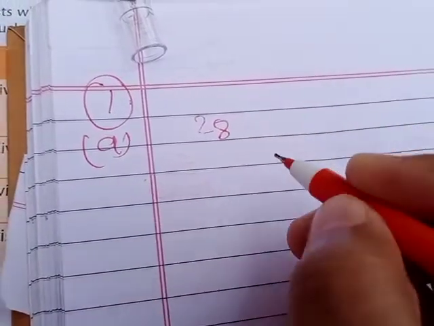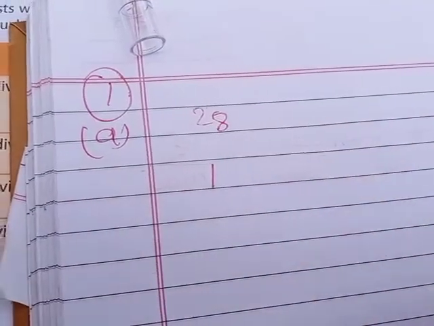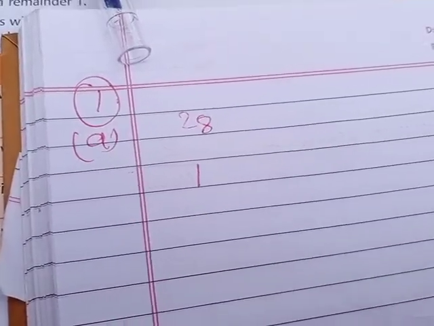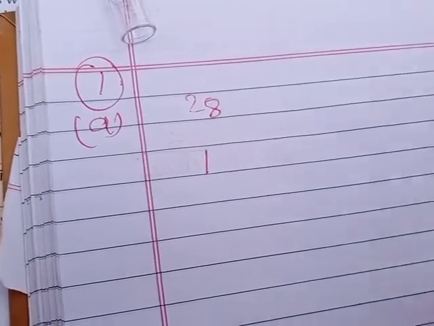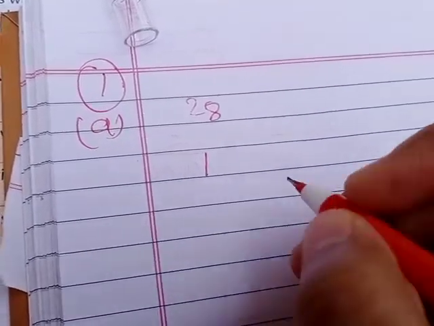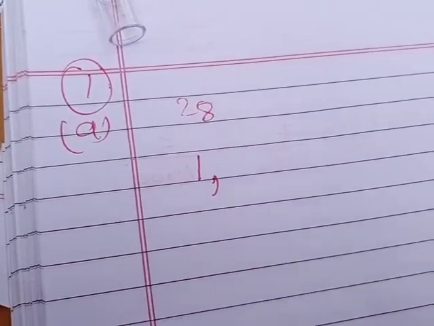First of all, keep in mind that the first factor of every number is 1. I told you this yesterday also. Now, after 1, we need to check whether this 28 comes in the table of 2 or not.